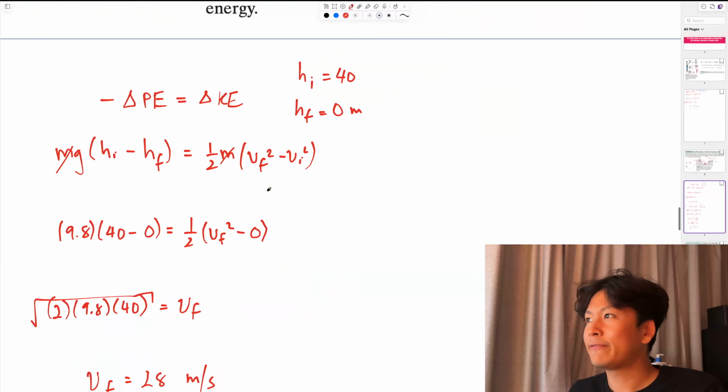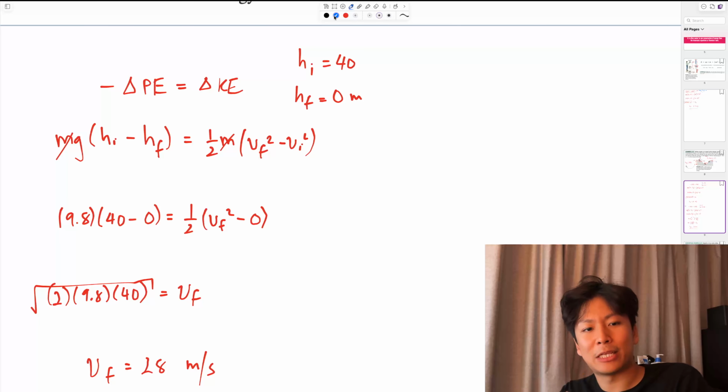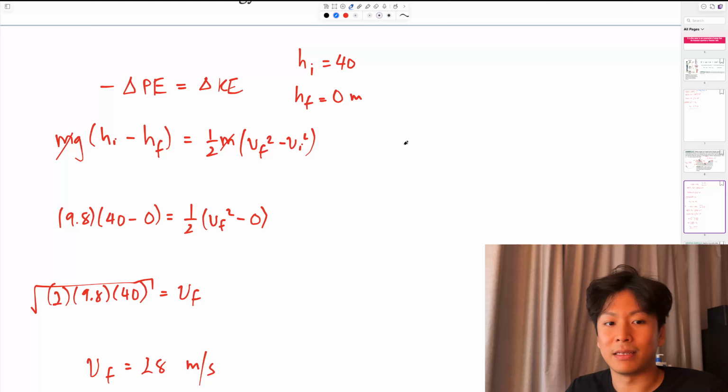Well, if friction was part of it, then the initial total energy will be equal to the kinetic plus the potential of the car at any point, plus the amount of thermal energy being produced, right?